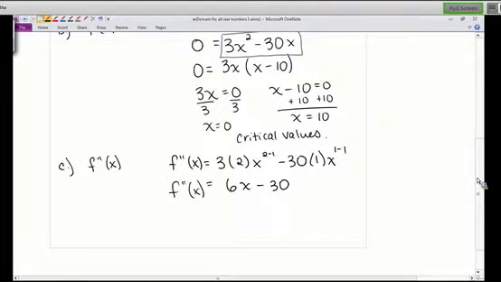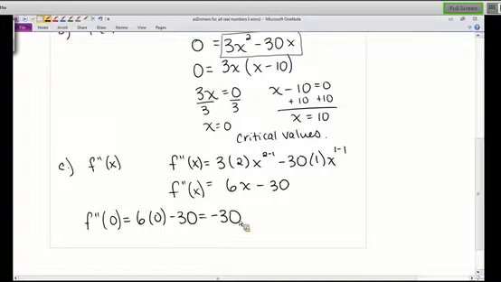All right, now let's substitute in our critical values into our second derivative. By doing this, this is going to show us what our max and what our min values will be. So substituting into the second derivative, the first critical value that we got was 0. So we'll substitute 0 into our second derivative, and this will then equal negative 30.